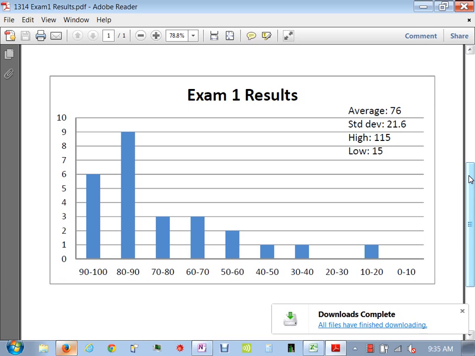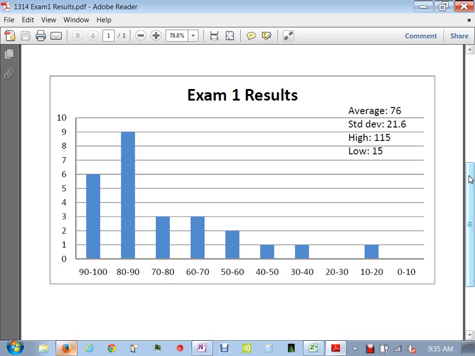Trying to remember if I put the bonus in afterward or how that worked. Okay. Here's the grade distribution.